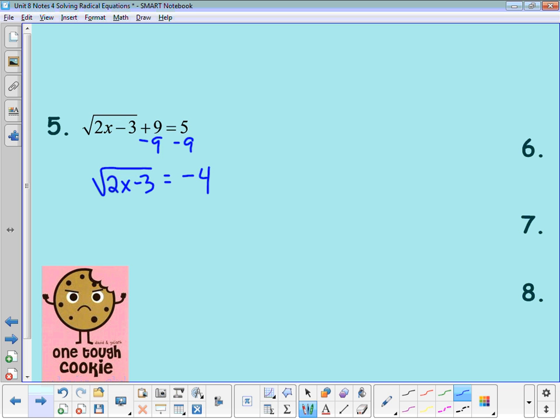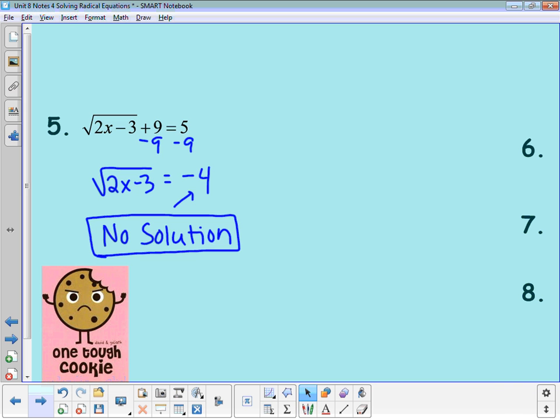Now here's the problem that we talked about at the beginning. Since this is only going to have a positive solution, I'm never going to find anything that I can get to negative 4. So this answer right here is no solution. The radical was isolated and I have it set to a negative number, so there's no solution because I don't have a negative solution to those.